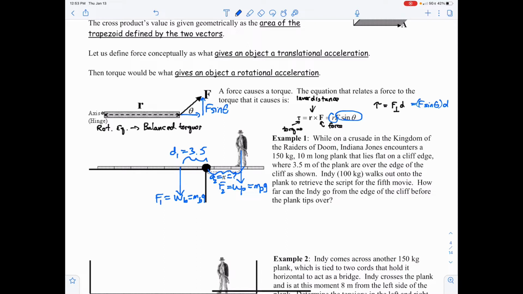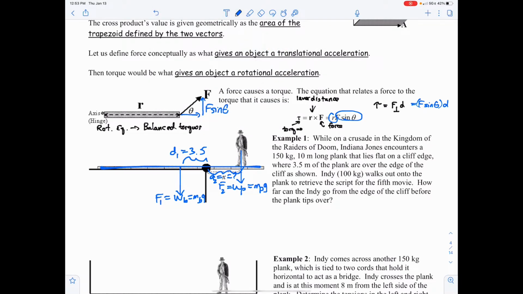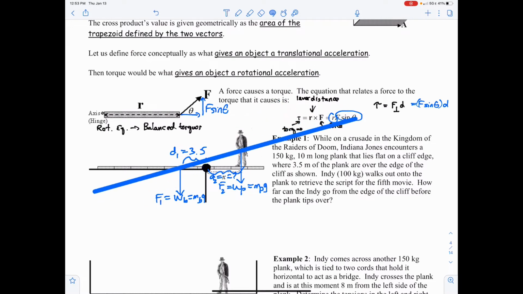Now, the way this works is, if this is the plank right here, all of the forces that cause counterclockwise rotation, counterclockwise rotation would be going this way, that would be the weight of the board. The weight of the board would cause counterclockwise rotation.